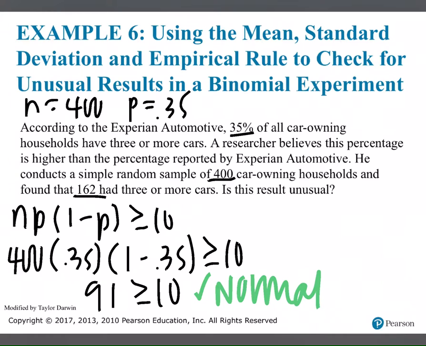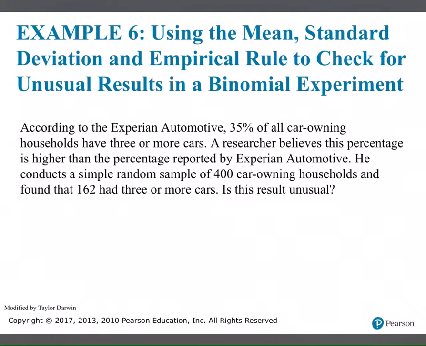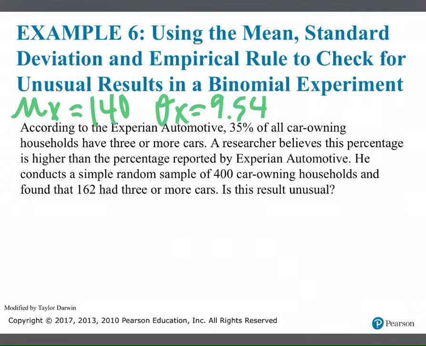So I'm going to go ahead and do that, but I'm going to go ahead and erase this really quick. So remember from earlier that my mean was 140. This is the same information. And my standard deviation was 9.54. So we're going to use that formula that I showed you on the previous page. Mean plus or minus 2 sigma, basically.